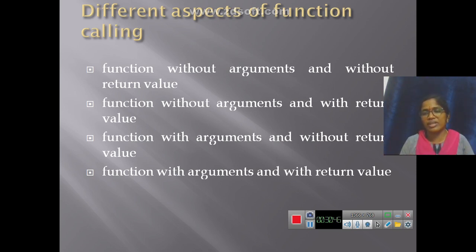So that is the first criteria. The second: function without arguments but with return value, meaning the master is not going to give anything to you, but he is taking the return value. The third criteria: function with arguments, meaning the master is going to give arguments, but the helper is not returning any result, so it is without return value.